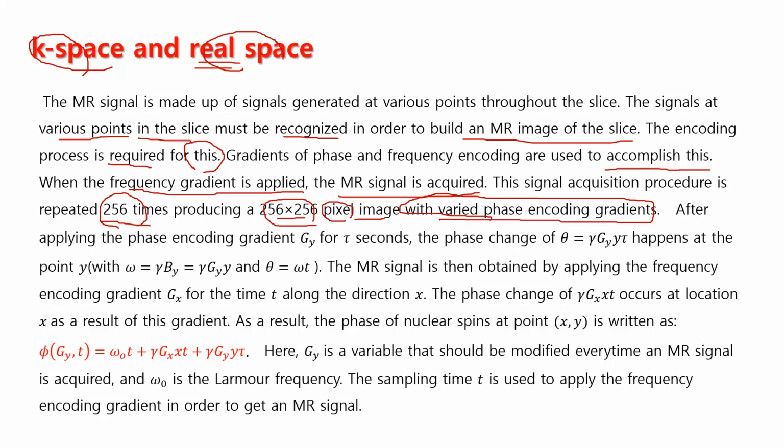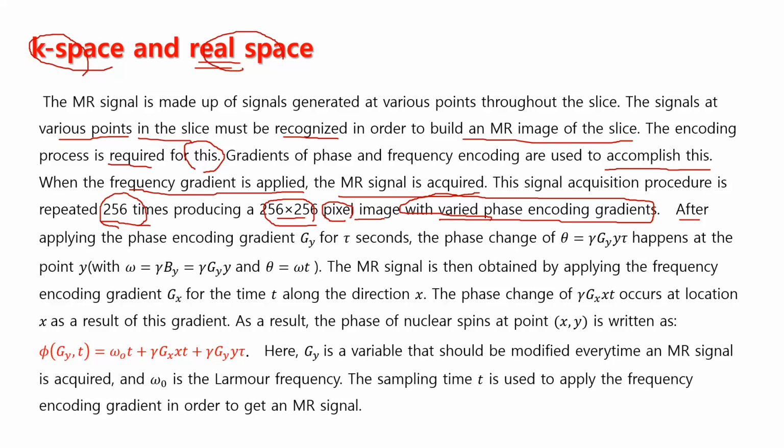First, we apply the phase encoding gradient, and next we apply the frequency encoding gradient for acquiring the MR signal. And the phase encoding gradient should be changed every time, 256 times.